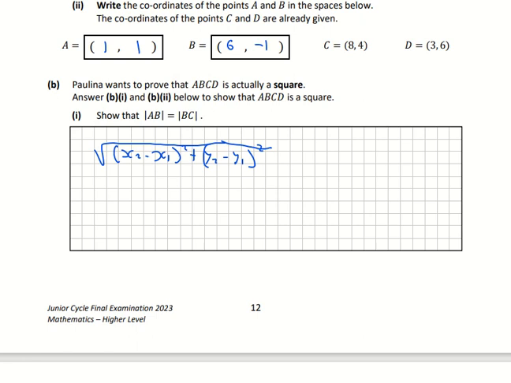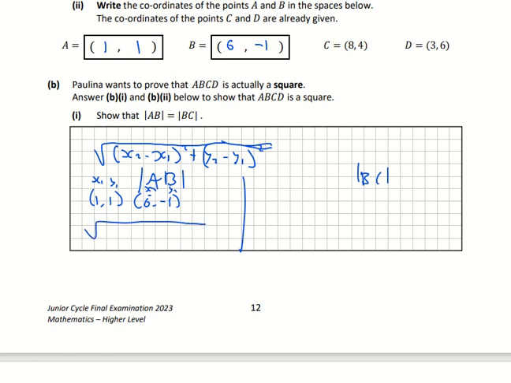We're going to use that for both AB first and then for BC. So if I do AB first, AB is the points 1, 1 and the point 6, minus 1. That's my x1, y1 and x2, y2.